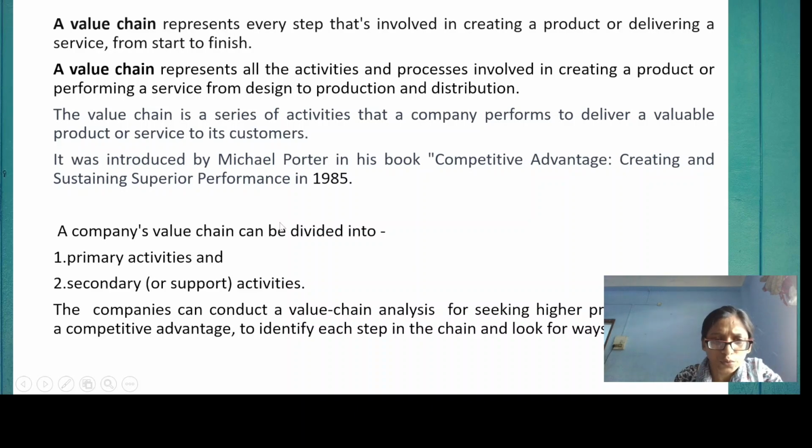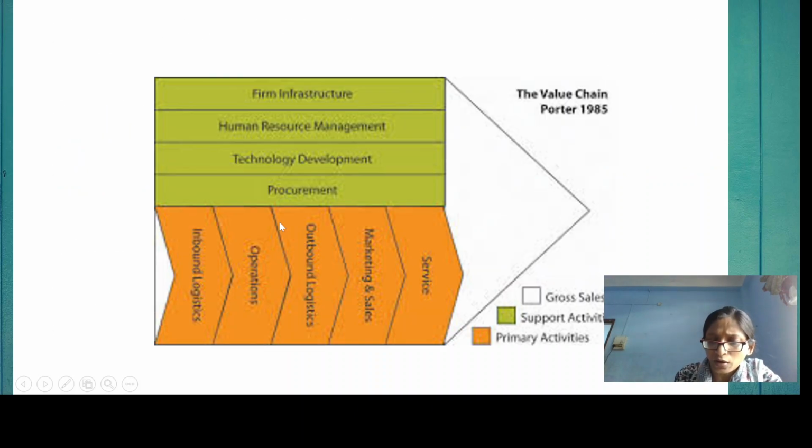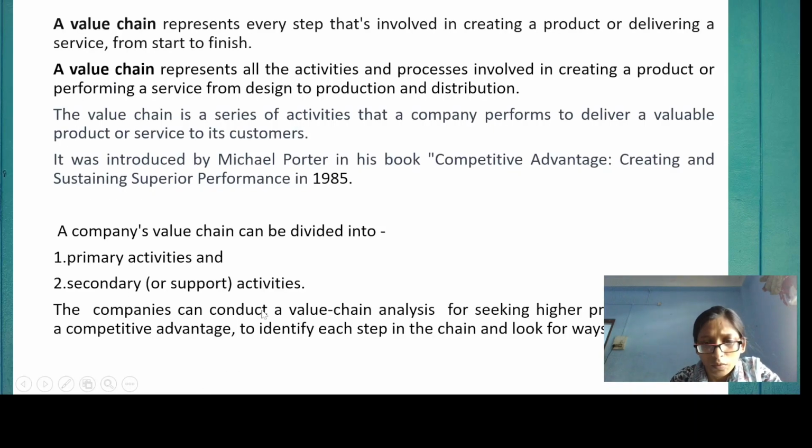And of course when we have to keep it in our storehouses, that also we have to look out for. So basically we are doing this analysis for seeking higher profit or to gain a competitive advantage.